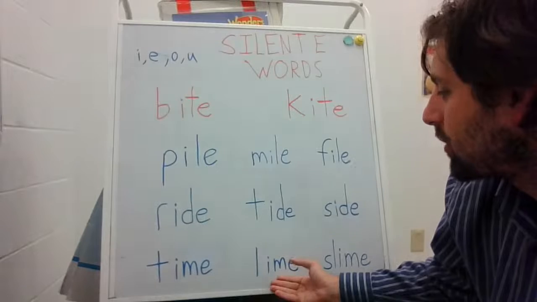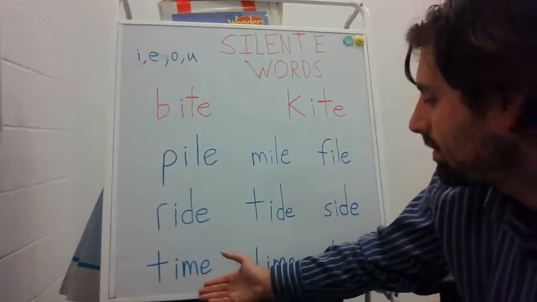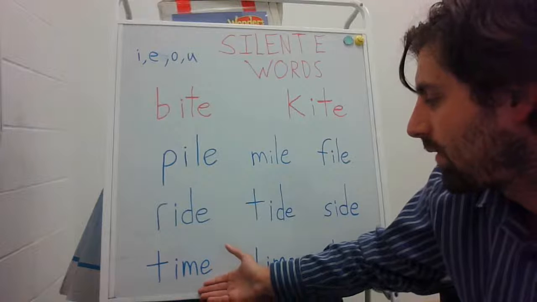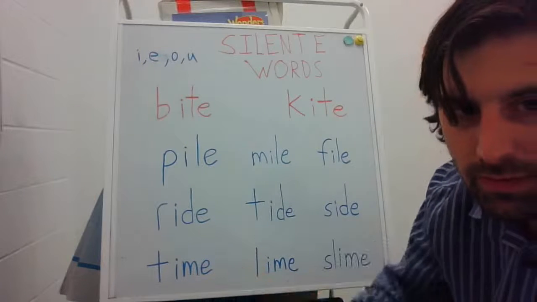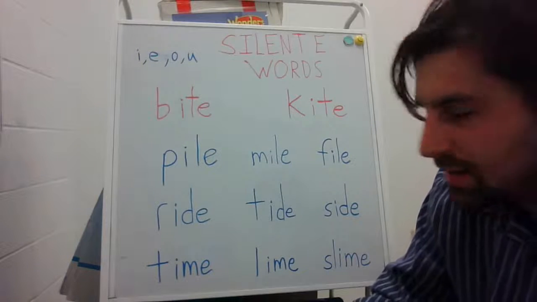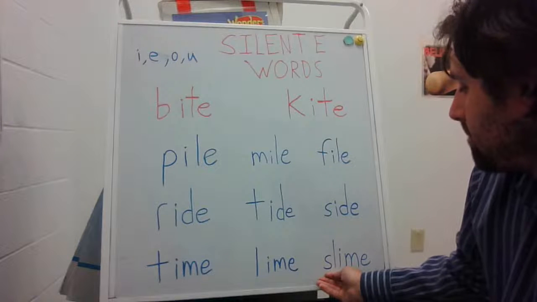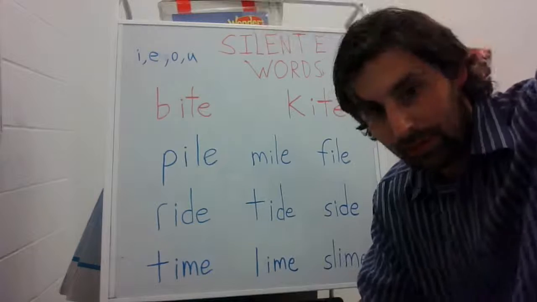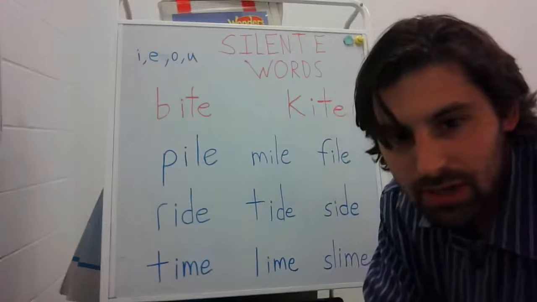Lime is the type of fruit that's really sour. Time, referring to time of day. 5 o'clock, 8 o'clock, those are examples of different times during the day. Slime, watch any old Nickelodeon show. It's the green stuff that they pour on you in the old Nickelodeon shows.